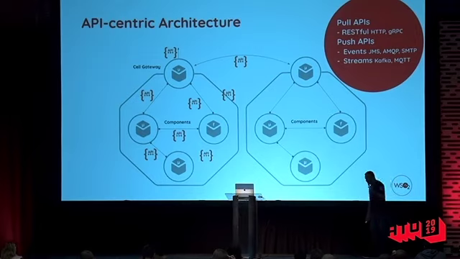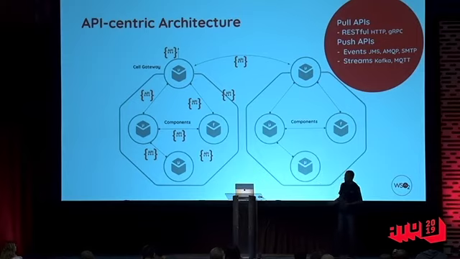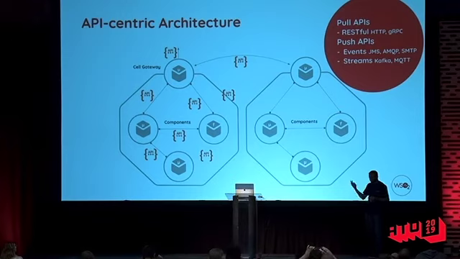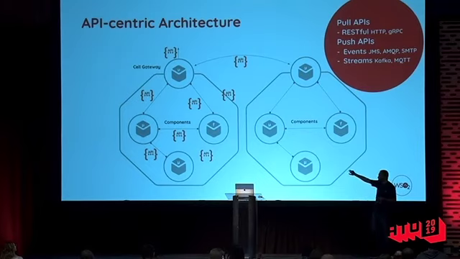We think there are two types of APIs: the pull APIs, that's the RESTful ones exposed using HTTP or gRPC, and then the push APIs, which can be eventing or streaming using different kinds of protocols. So one of these types of APIs can be used to expose capabilities from a component or from a cell gateway. So technically it is a more API-centric architecture, where you can communicate between cells as well as components.